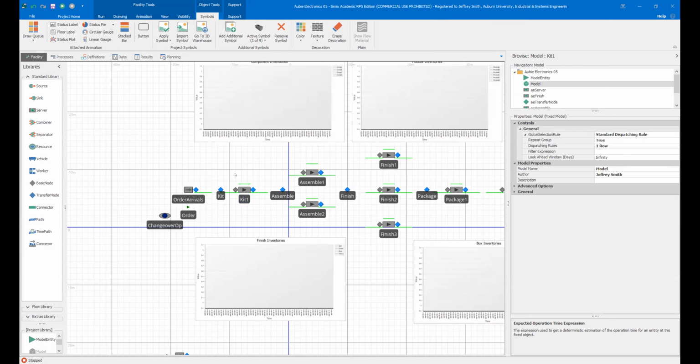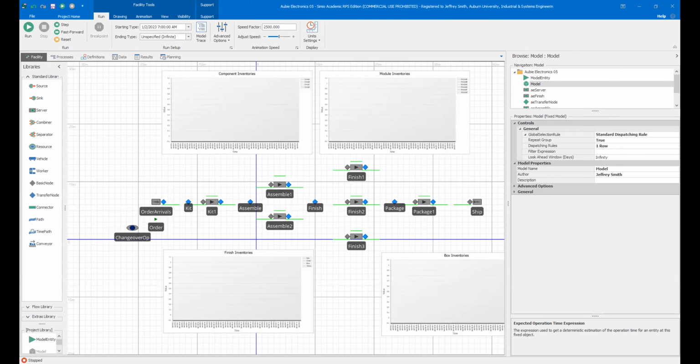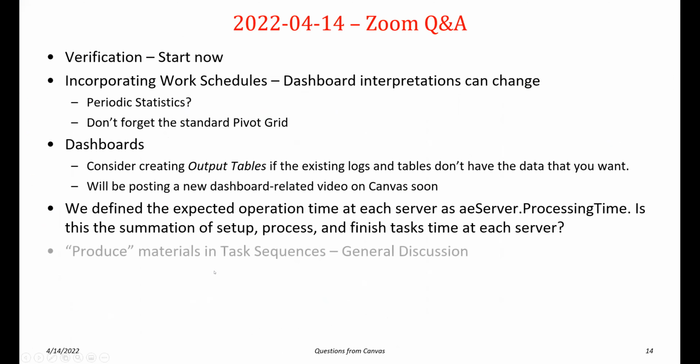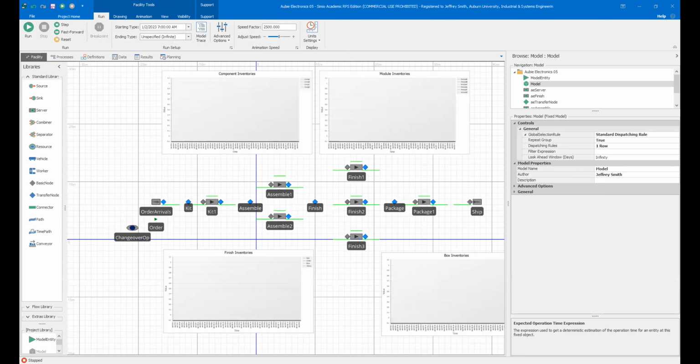Okay, the last thing I wanted to talk about today, before I ask for any other questions, is I want to spend a little bit of time talking about this notion of producing materials and task sequences. We talked about this in class a little bit. Someone brought it up in the discussion forum, and I talked about it in class, and I want to revisit that topic.